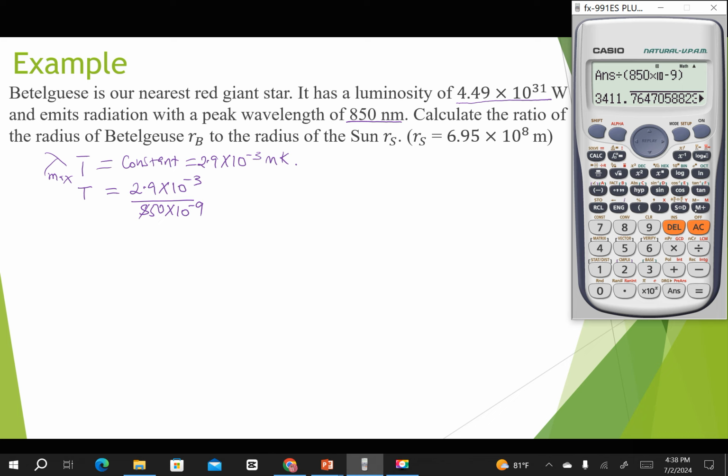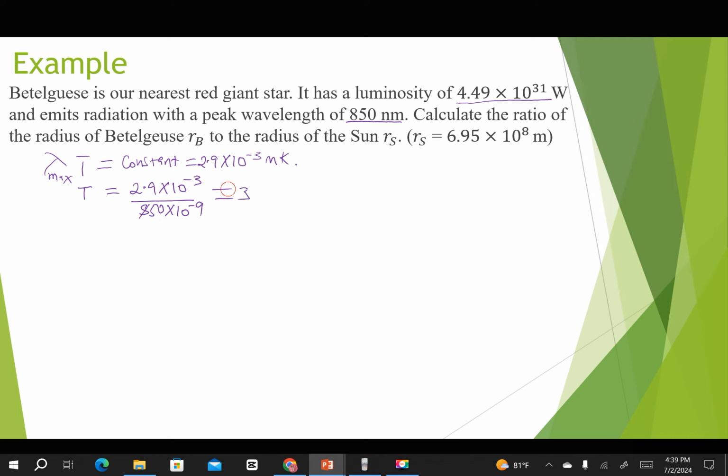So this is approximately 3410 Kelvin to 3 significant figures.